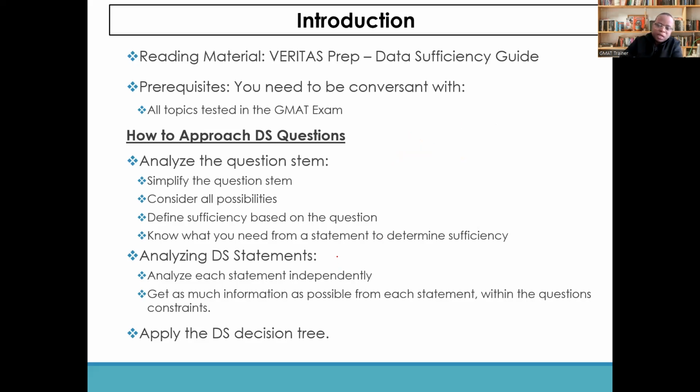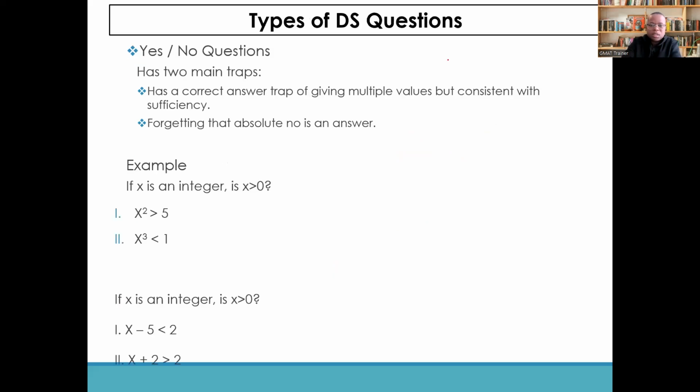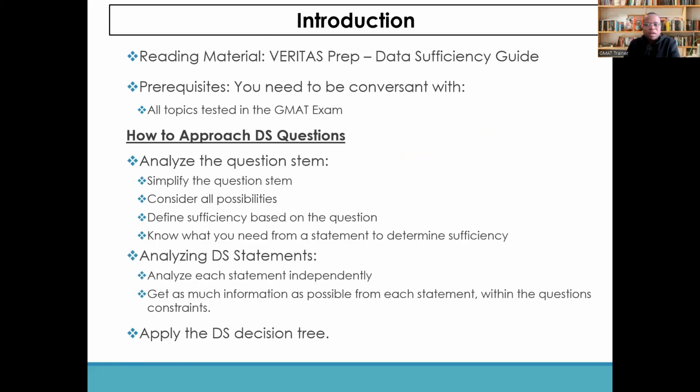Normally the answer choices are these. A is that one is sufficient, but two is not sufficient. B is that two is sufficient, but one is not sufficient. C is that one and two together are sufficient, but independently they're not.